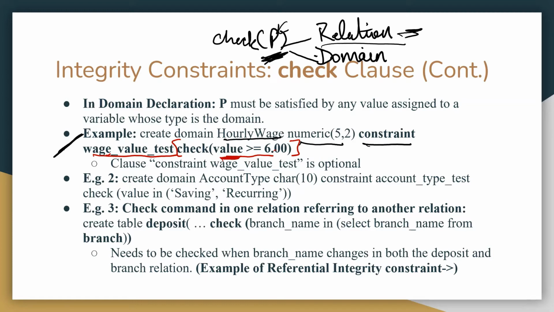So now again, in case of domain declaration, this P is the predicate, right? Value more than equals to 6. Now this P should be satisfied by any value assigned to the variables whose type is that domain. So what I mean from this is, let's say there is some variable wage in my relation, and I specify its domain to be hourly wage.